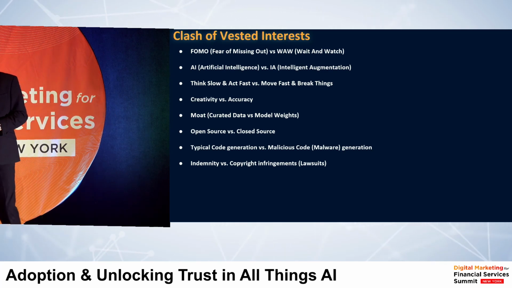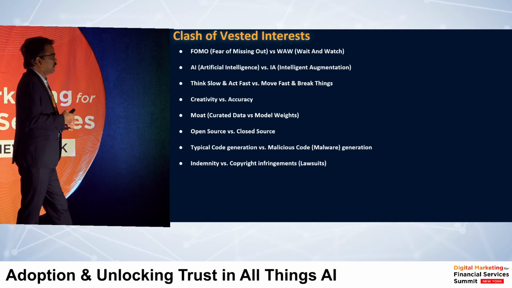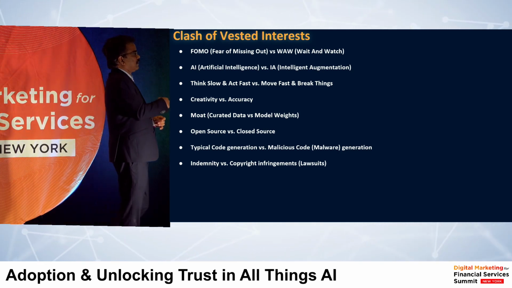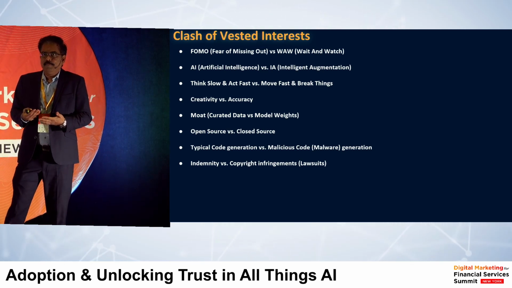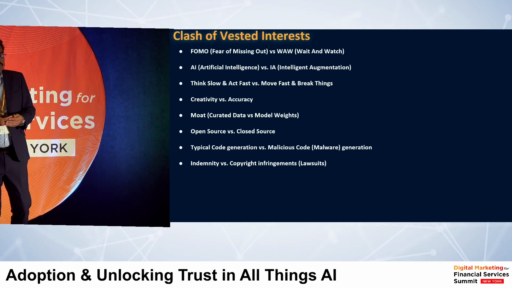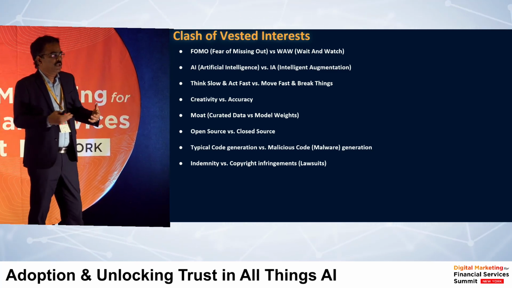They just can't wait. Now, in terms of creativity versus accuracy, for financial services we need more accuracy and less creativity. But for digital marketing, especially for this forum, we need more creativity, right? So again, it depends on the use case. More and more open source and closed source models are coming in.